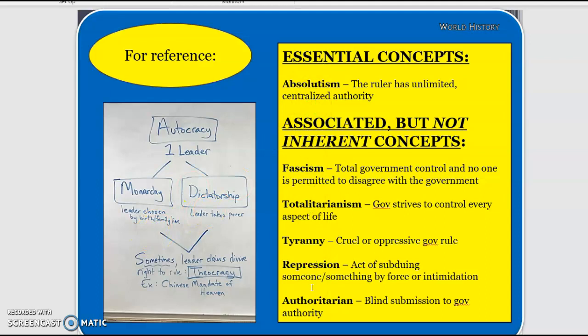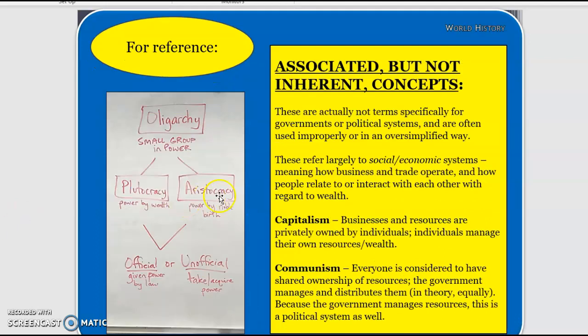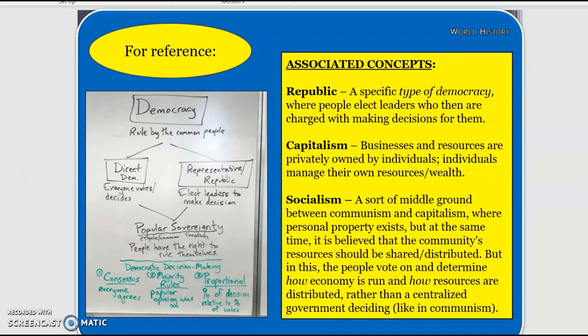They don't have to be, but they can be. Oligarchy, again, they can be related to other concepts, but they don't have to be. And these two right here are capitalism and communism, which are more economic types of political structures. And there's democracy, right? And other associated concepts.